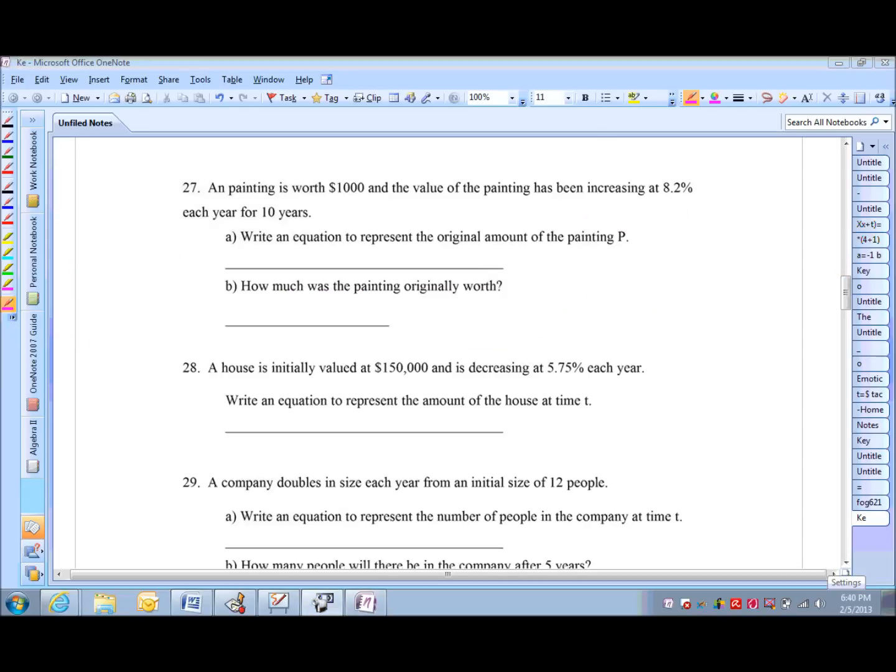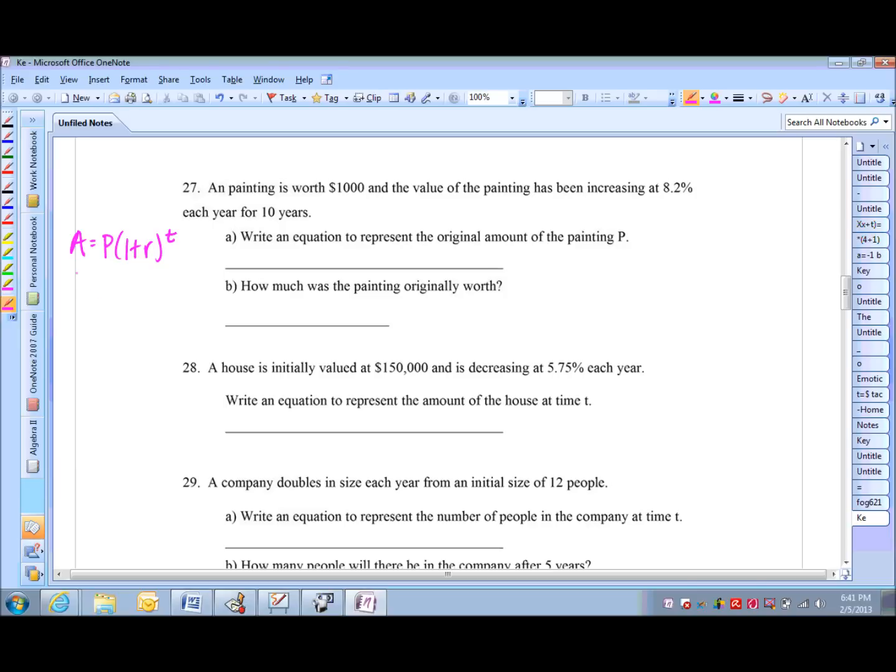Problem 27, they say a painting is worth $1,000 and the value of the painting has been increasing at 8.2% each year for 10 years. And they want an equation to represent the original amount of the painting P. So since the value of the painting is increasing, we know we're going to use the formula A equals P times 1 plus R raised to the T. Now we know what A is.